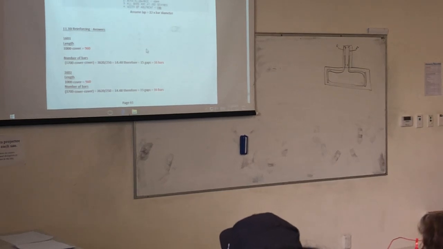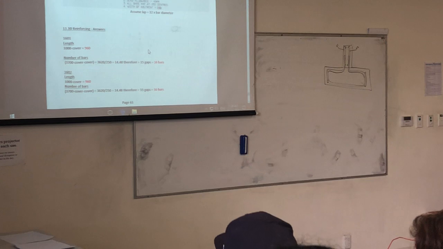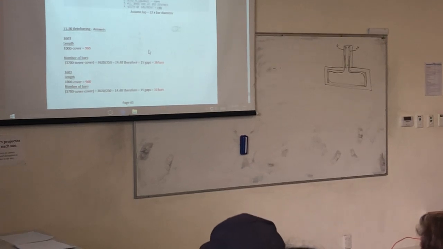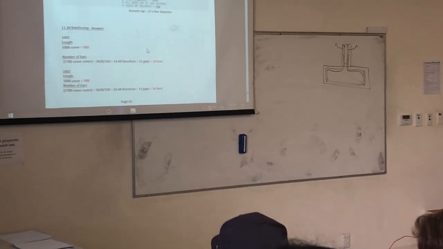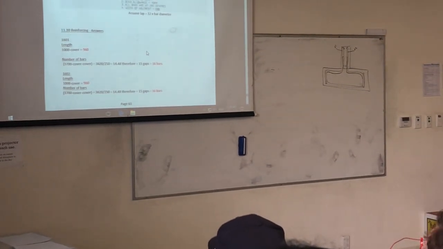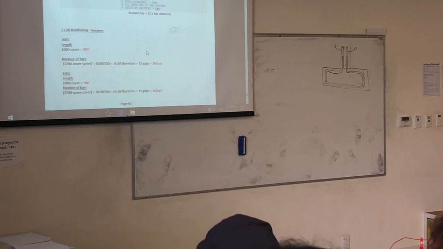The number of bars, well, this is the calculation that if you get wrong, unfortunately, you're going to get it wrong for all but one. So you're going to get it wrong for 01, 02, 03, 04, and 05. And I can tell you this much, in the test, it's going to come to 0.2 or 0.199.